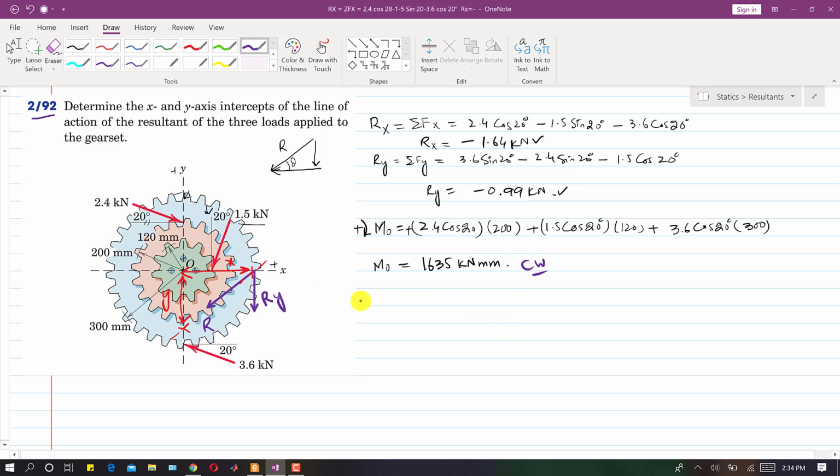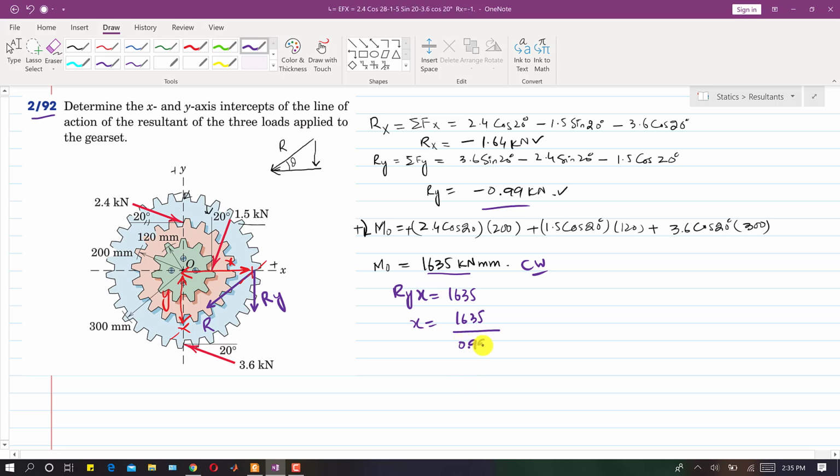So I will write, the perpendicular distance of this Ry from point O is x. So I will write Ry into x, and this should be equal to this moment. So how much is it? It is 1635, right? So x will be equal to 1635 divided by Ry. So this is Ry, right? So I will divide this by 0.99.